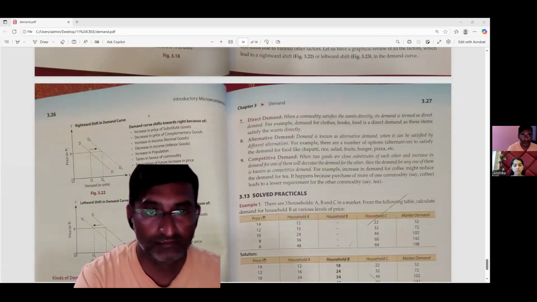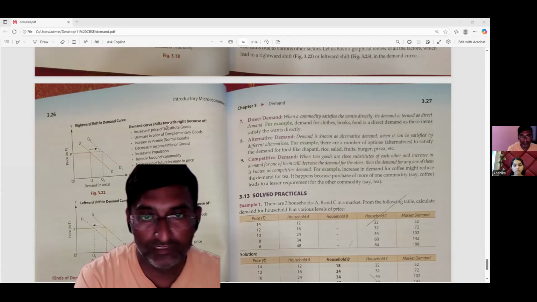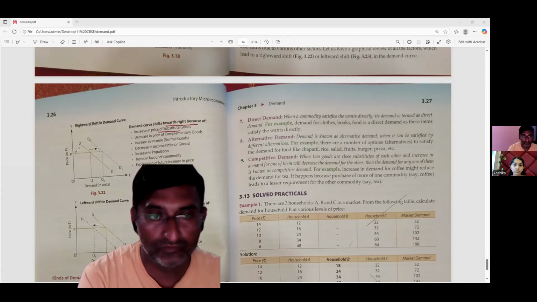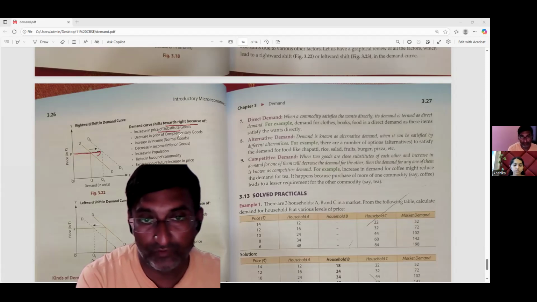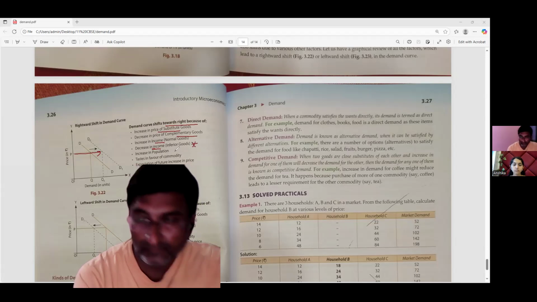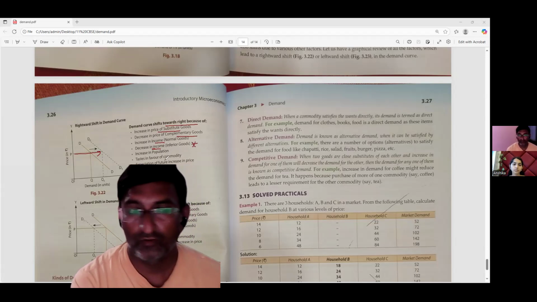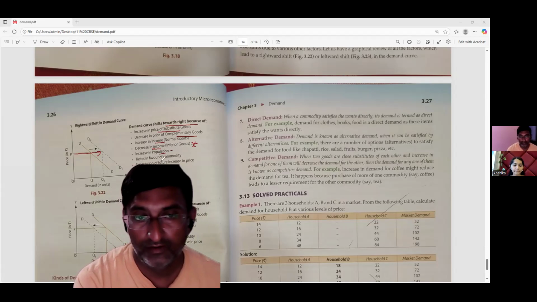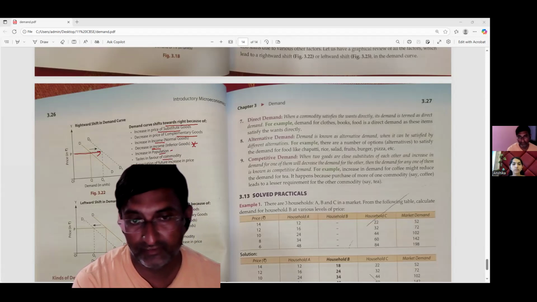Now let's see. The demand curve shifts towards the right because of an increase in price of substitute goods, a decrease in price of complementary goods, an increase in income level, a decrease in income but related to inferior goods, not for everything, an increase in population, taste in favor of the commodity, and expectation of a future increase in price.